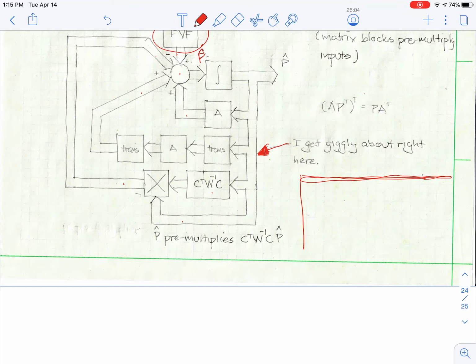So I always laugh when I hear people saying I'm tuning my Kalman filter, because what that means is they're making adjustments to K hat in order to get a better response out of it. But that immediately means that they don't know what their noise properties are, or they may not be random or white at all.